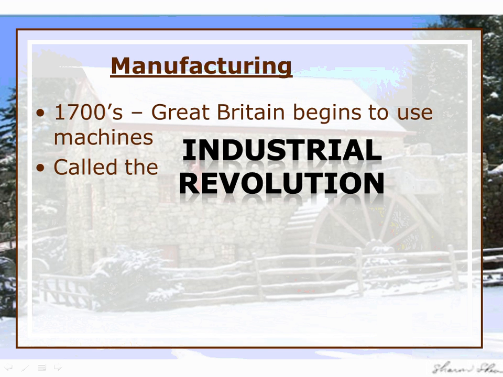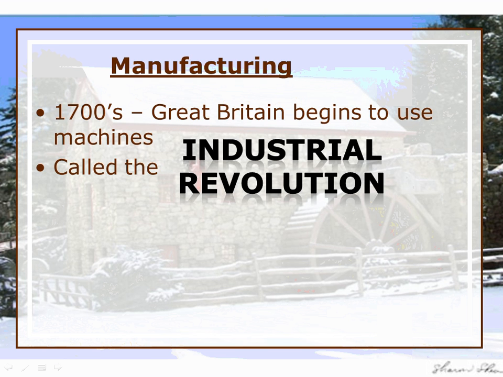Now you set up factories to make things, or sometimes those factories are called mills. Like for making flour, you go to the flour mill. Or a textile mill made cloth. What powered these factories? What powered these mills?